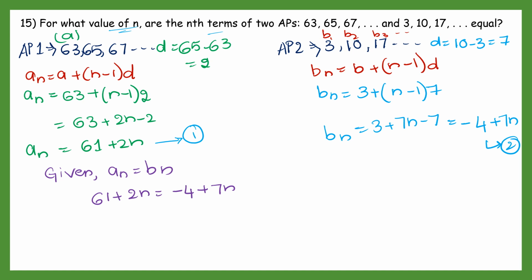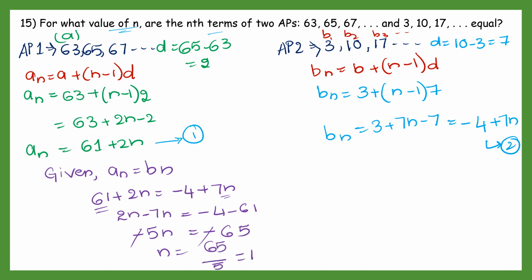So you get, 7n, if it comes to the left side, it will become minus 7n, is equal to minus 4. This 61, if it goes to the right side, it will become minus 61. Minus 7n plus 2n, minus 5n is equal to minus 65. Minus gets cancelled on both sides. n is equal to 65 divided by 5. That means 5 ones are 5, 5 threes are 15.